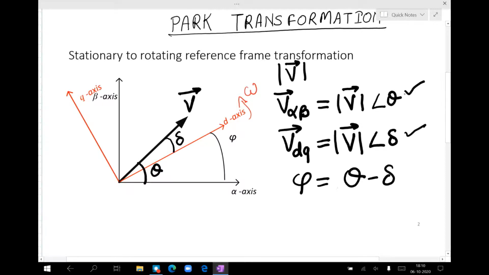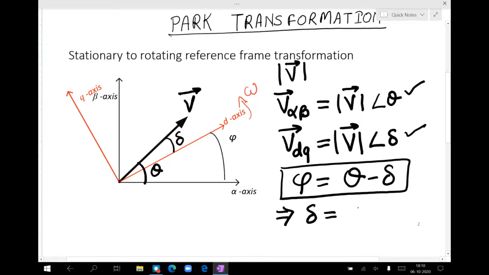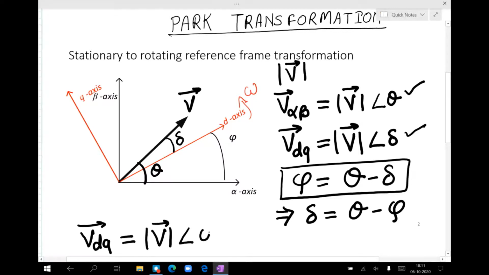The relationship is phi equal to theta minus delta, or we can say delta is equal to theta minus phi. Therefore, the phasor in DQ reference frame is its magnitude, angle theta minus phi.